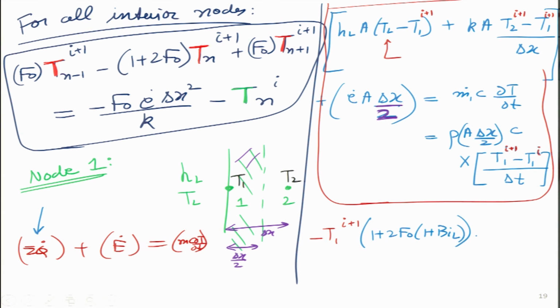It gets a little bit long because we have the Biot term also coming up, i plus 1, twice Fourier, and on the right hand side there is a long term, T1 i minus Fourier E dot delta x square by k, then minus 2 Fourier Biot left into TL.